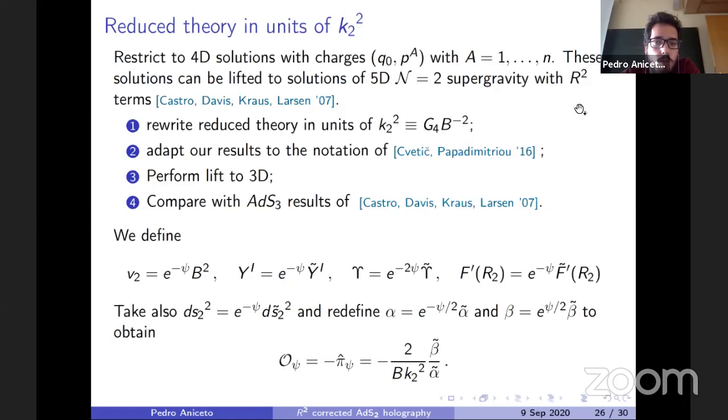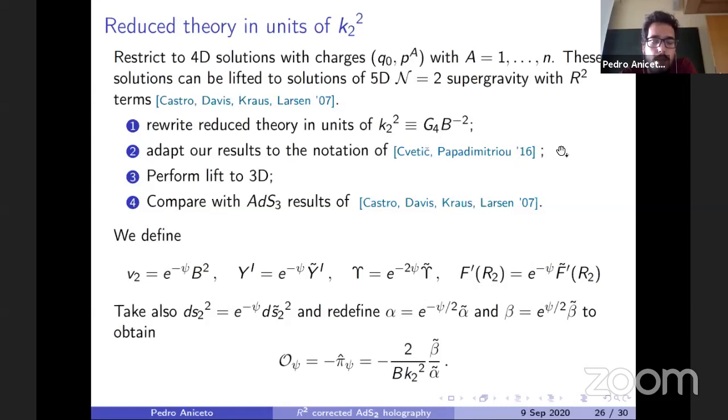And so what I'll do for the next few slides is to basically rewrite our theory in terms of the 2-dimensional Newton's constant. And this is done so that we can adapt our results to the results of the Sept and Papadimitriou paper from 2016.